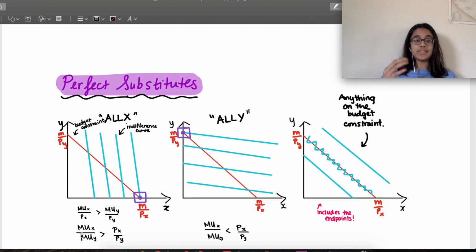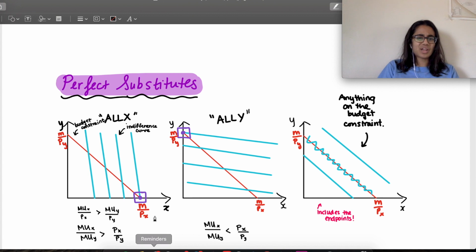If that is greater than PX over PY, my price ratio, then the MRS, the slope of my indifference curve, is the blue lines, and the price ratio is the little red line. We see the indifference curve is steeper, so this picture matches my expression over here.